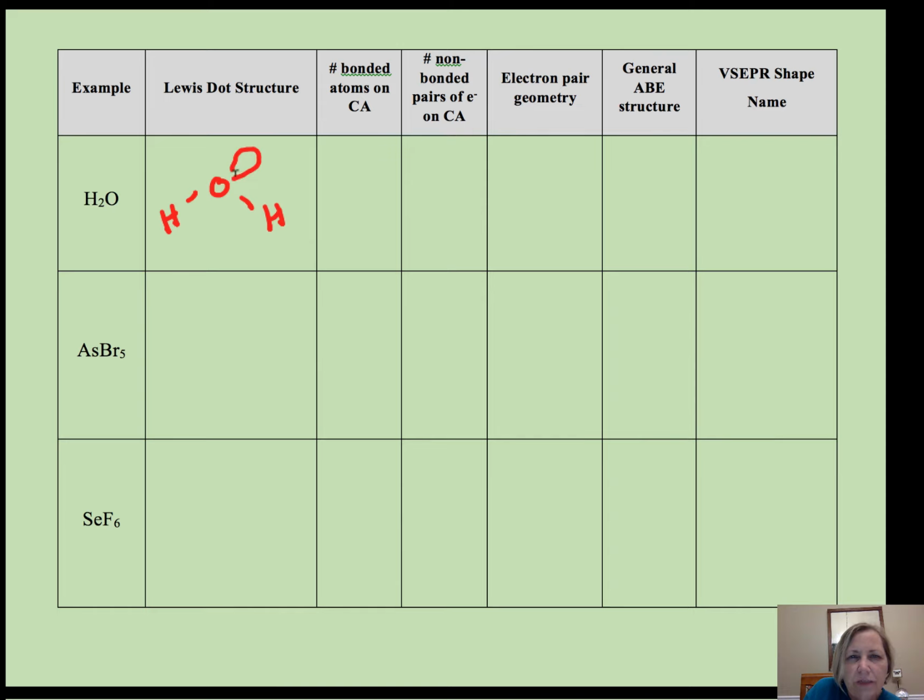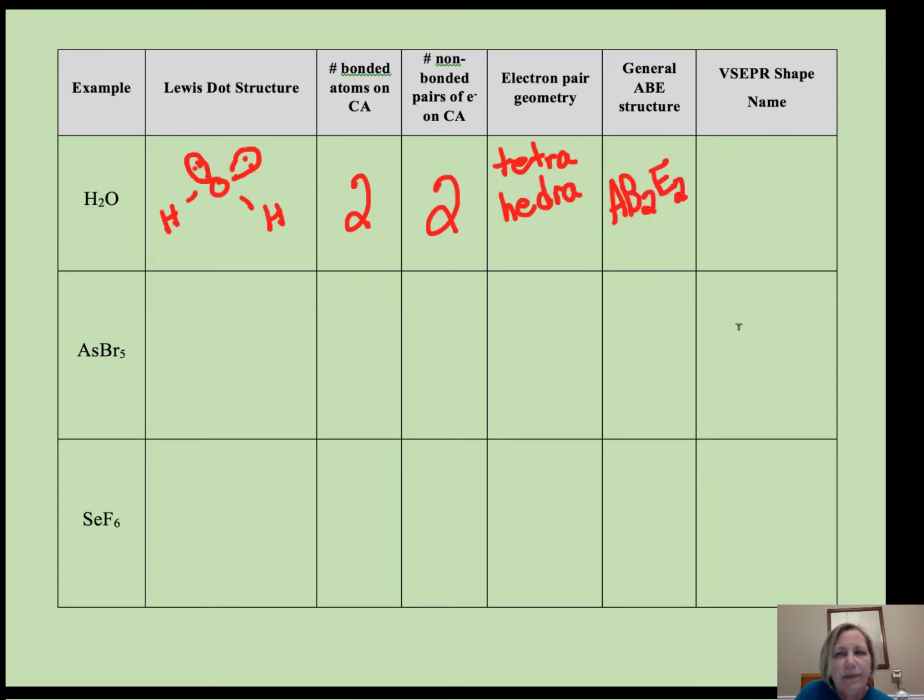So I've got a non-bonded pair up here and a non-bonded pair up here. So I have 2 bonded atoms, 2 non-bonded pairs. 2 plus 2 is 4. I'm still in the tetrahedral family. And I have an AB2E2. Anything with AB2E2, we're going to call bent.